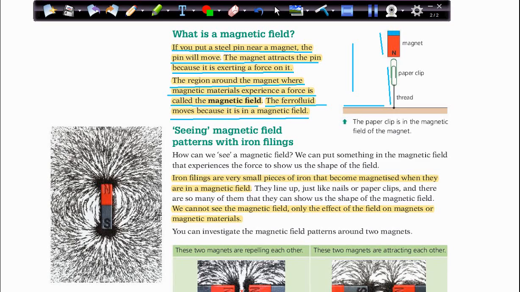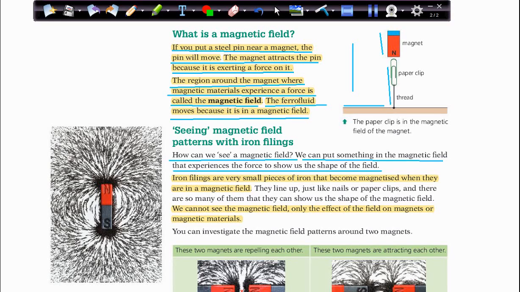Seeing magnetic field patterns with iron filings. So how can we see a magnetic field? We can put something in the magnetic field that experiences the force to show us the shape of the field. So here we have iron filings, which are like a powder of iron.